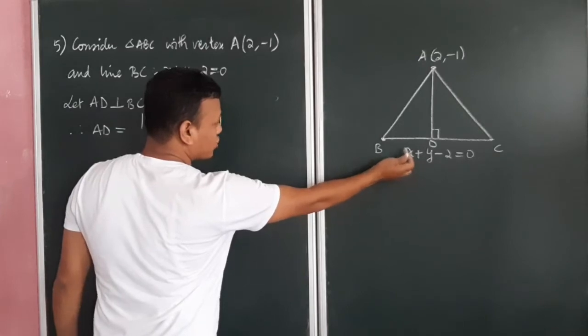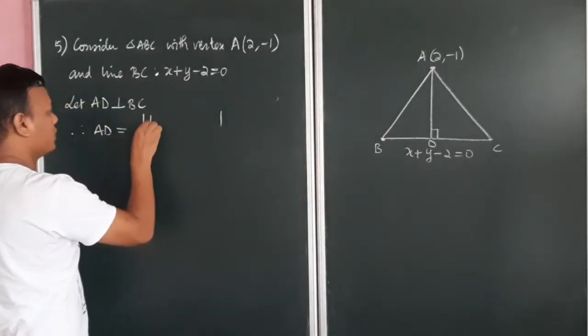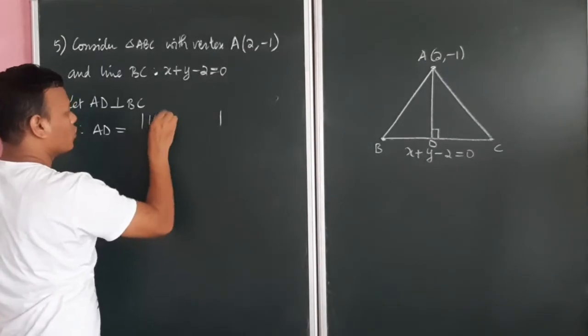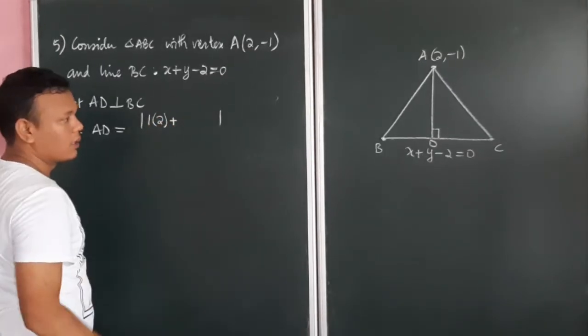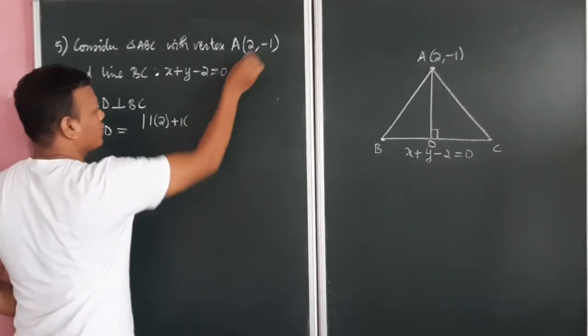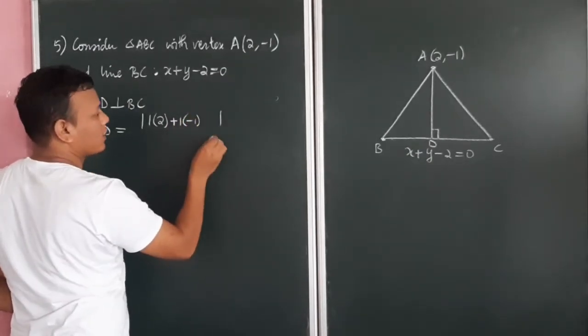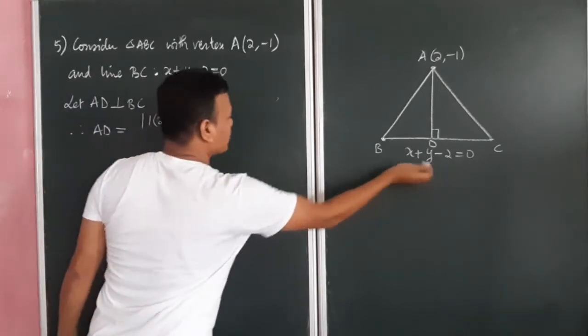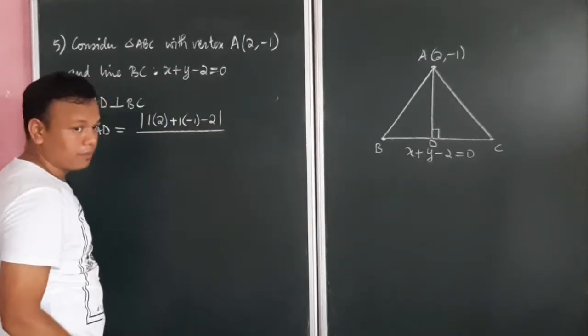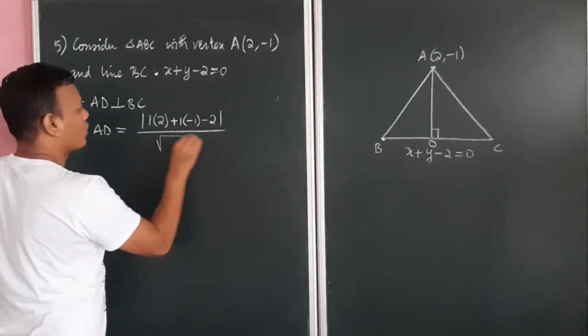So the number attached to x is 1, so that's why it will be A into x1, x1 is 2, plus B is 1, so B into y1 is minus 1, yes, plus C is minus 2, so that's why we have minus 2 out here, whole divided by square root of A square.